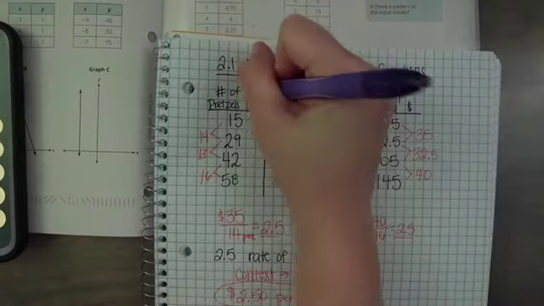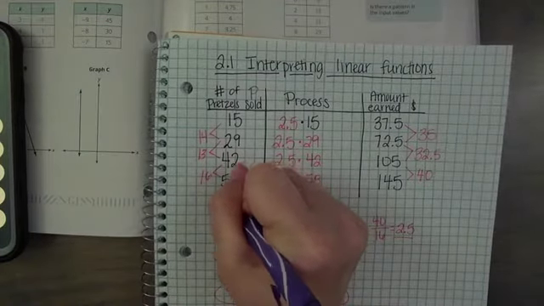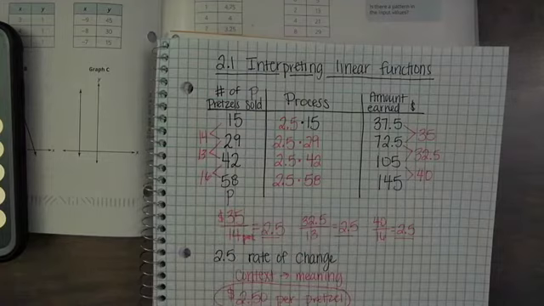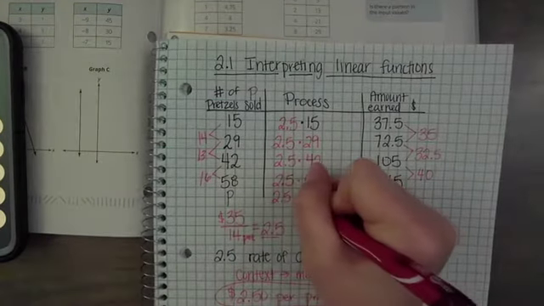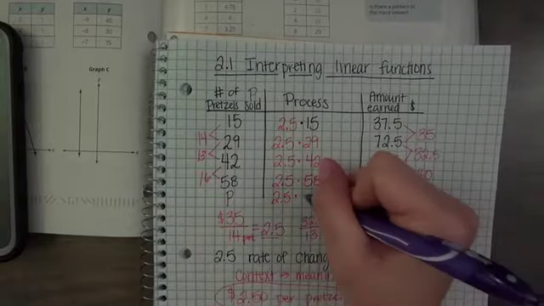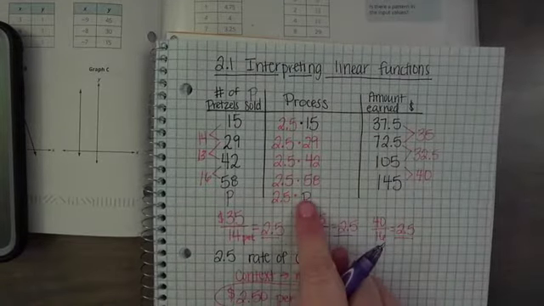So let's call this P for pretzels. So we're going to put the letter P here. So then for any number of pretzels, it doesn't matter how many pretzels we buy, we can use the letter P to represent any number.